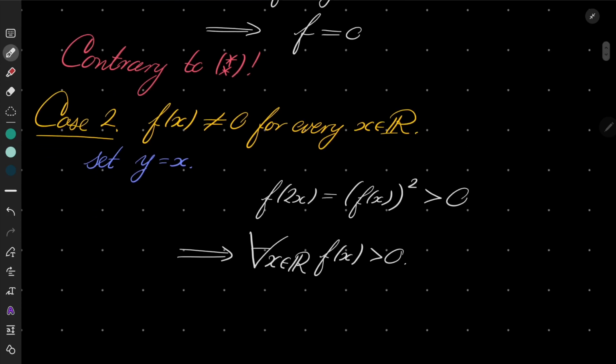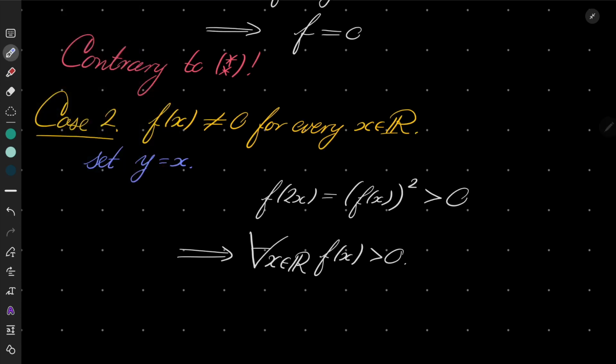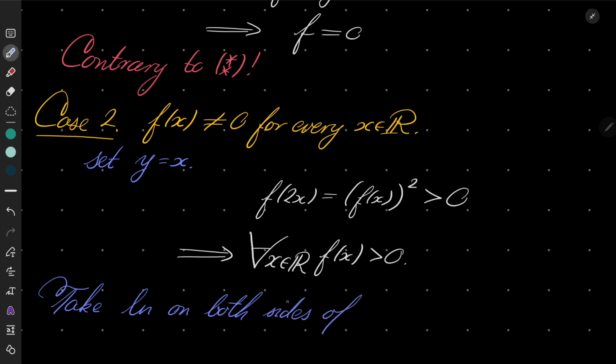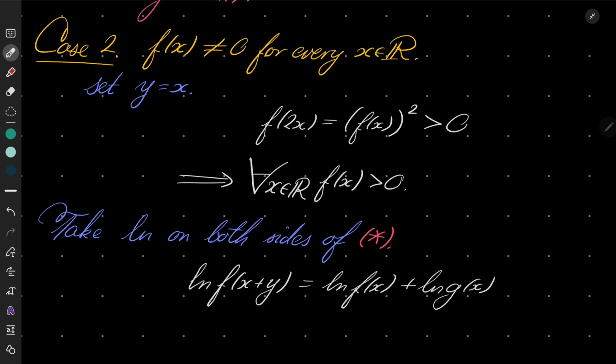And that means then we can take natural log on both sides of our functional equation. So, let's take natural log on both sides of our condition which I marked asterisk. What happens now? Well, we have the following: natural log of f of x plus y equals natural log of f of x plus natural log of f of y, because remember that natural log of a product is the sum of natural logarithms.